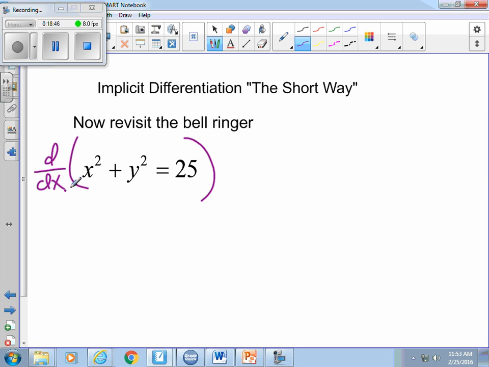So I'm just going to take the derivative of everything, d dx of everything. What would the derivative of x squared be? What would the derivative of y squared be? 2y times y prime or dy dx. It doesn't matter which way you do that, as long as you use one of the two notations.